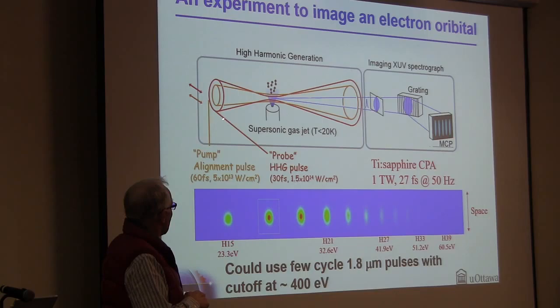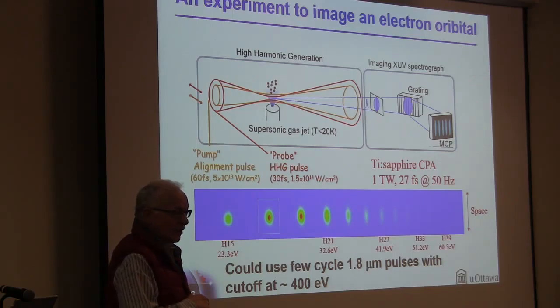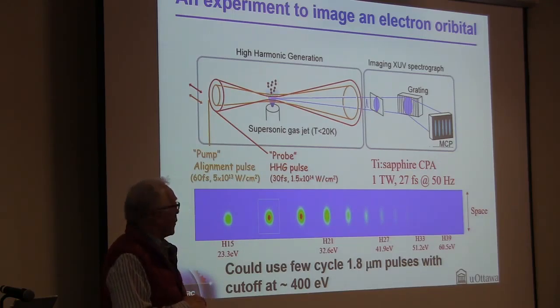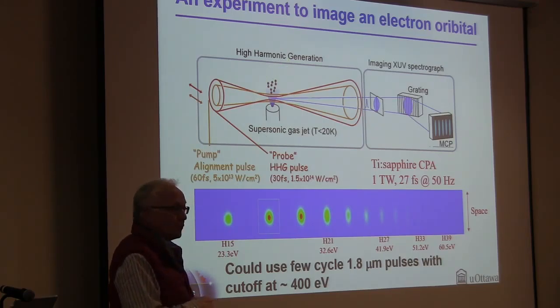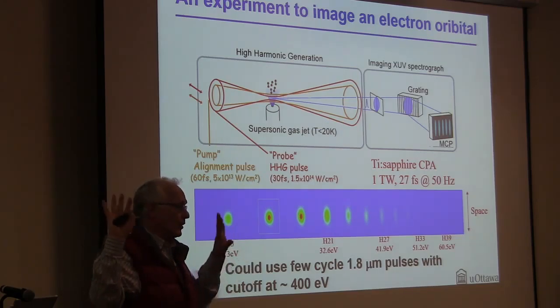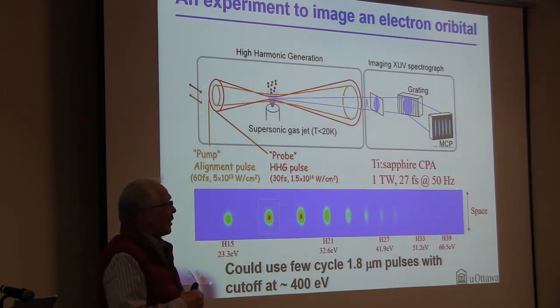And it's focused from a relatively small beam coming into the target chamber, leading to a relatively large focus where the gas jet is formed. The gas comes out of a supersonic jet. We estimate the temperature to be somewhere on the order, but it's a pretty soft estimate, of 20 degrees Kelvin.